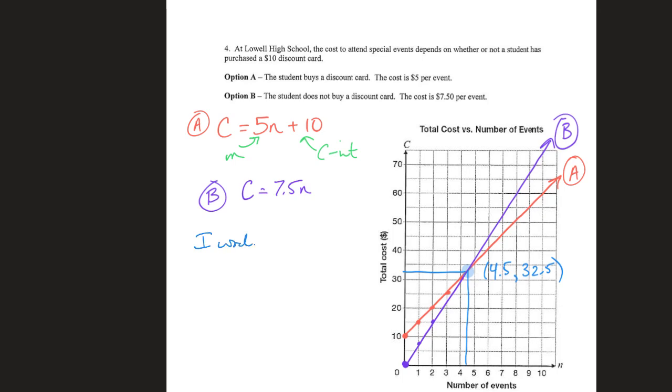I would choose option A if, now I want to choose option A anytime the graph of A is below the graph of B. So I would argue then I would choose option A if I planned on attending, and since my point of intersection is at 4.5 events, and I can't go to half an event, then if I planned on attending 5 or more events, I would be good. So if I planned on attending 5 or more events.